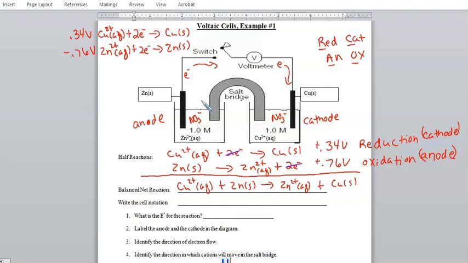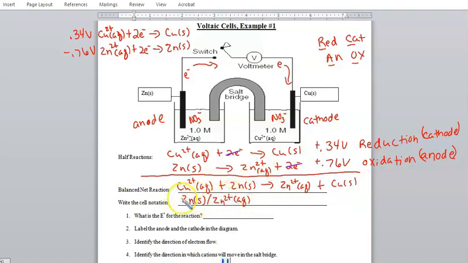So the reason that's important, when you do the cell notation, it's always the anode first and then the cathode second. So our anode was the zinc, and it's always the reactant. So Zn, solid, and then you put a line, and then you put the product. The electrons don't show up.